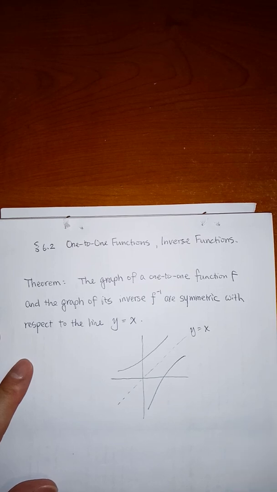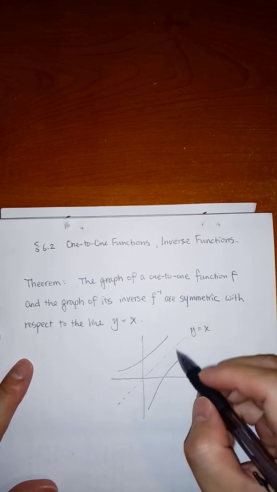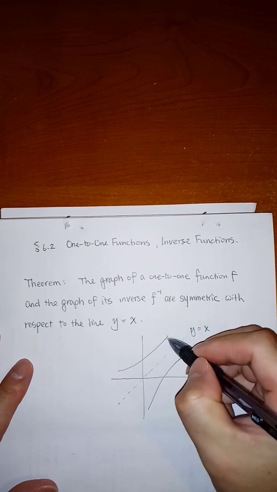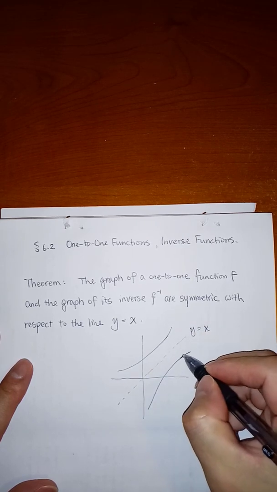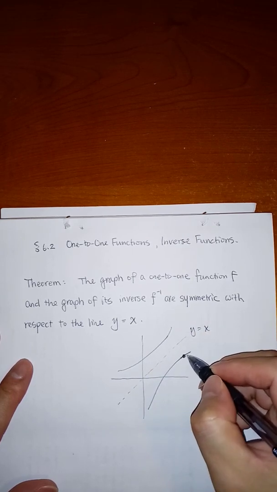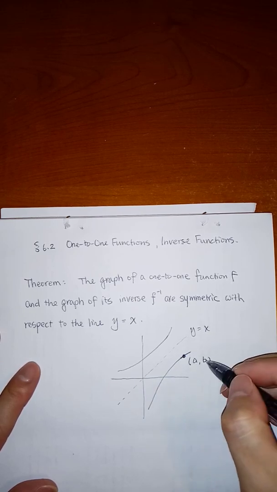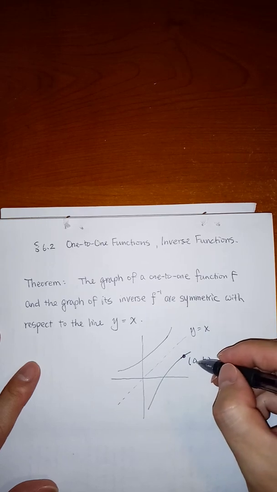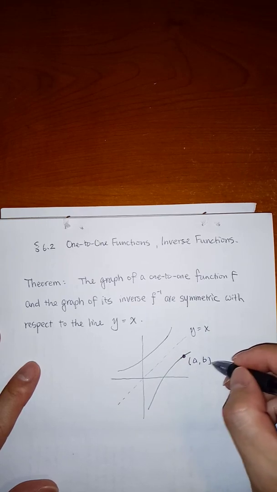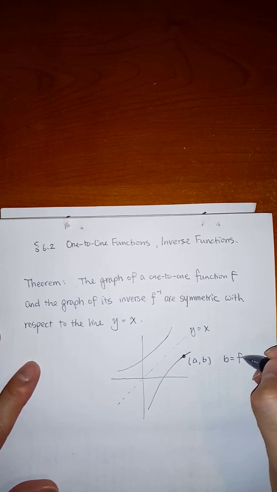So why? The reason is that, remember, once you have a point on the graph of the original function, assume this is point (A, B), when x is equal to A, y is equal to B, so B is f(A).